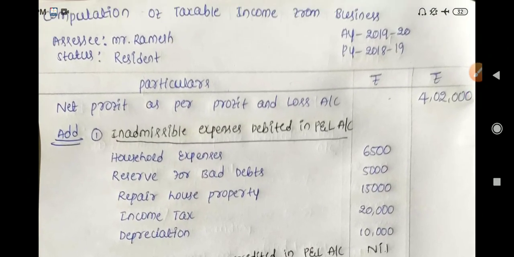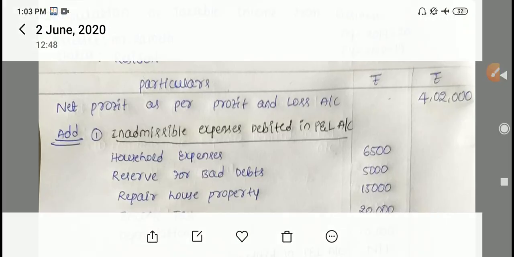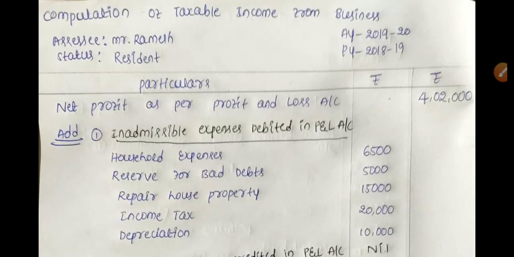For each and every solution or answer you need to mention the heading. You have to write the heading compulsorily, that is, computation of taxable income from business. This question is regarding taxable income from business, so you write that heading.